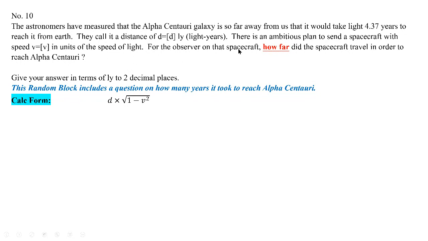For an observer on that spacecraft, namely that astronaut, how far did the spacecraft travel in order to reach Alpha Centauri? See the question here? How far? Because he will say, gee, I just need to set my clock. I'm Captain Kirk, right?